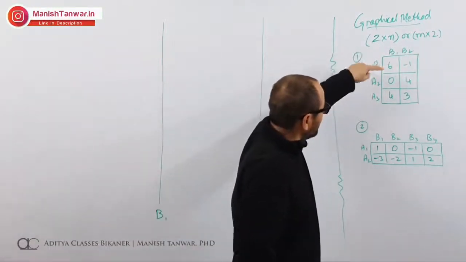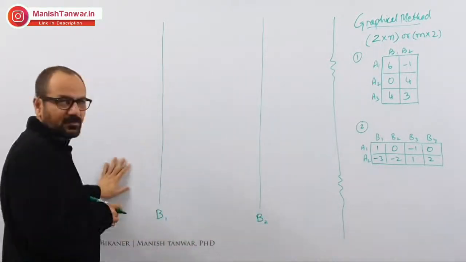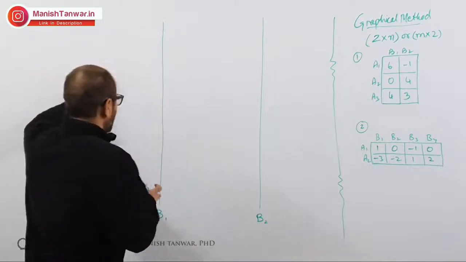Now the values are ranging from 6 to -1. So I'll plot a scale over here which will range from 6 to -1.